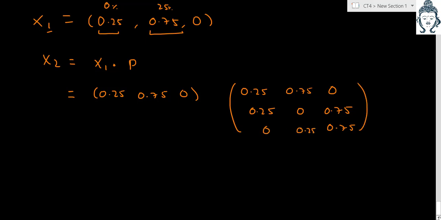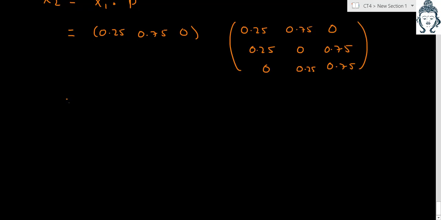So let's just multiply them again, which would give me my probabilities at time 2. What would be my probability of being in any of these states at time 2? So let's see that.